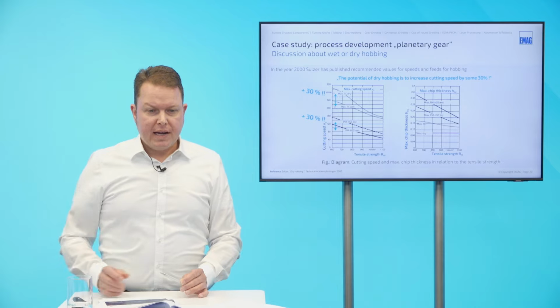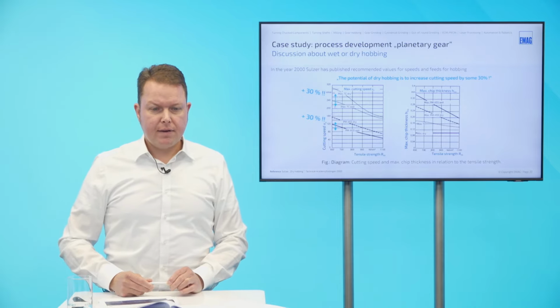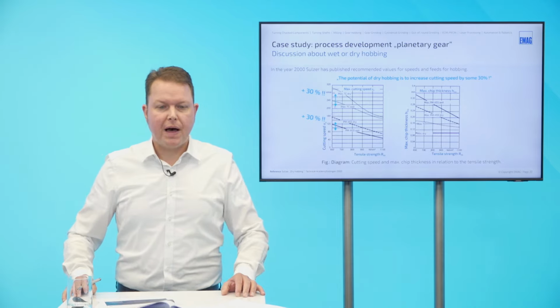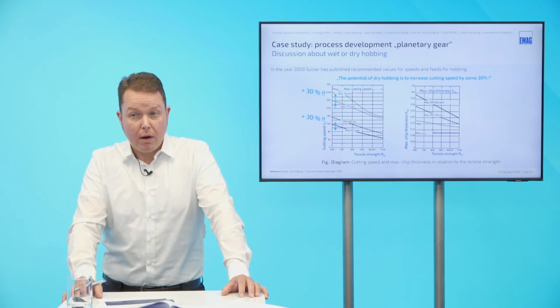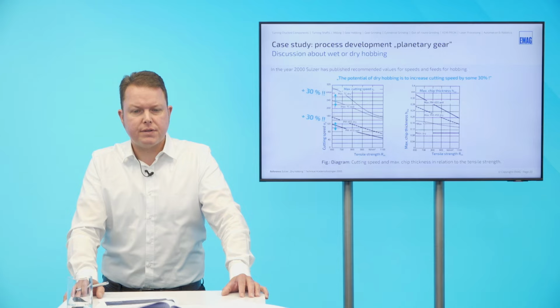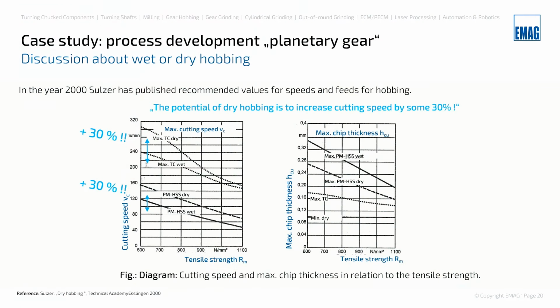So the potential of dry hobbing has also been shown in the year 2000 by a gentleman called Sulzer. He was, to the best of my knowledge, the first to publish the potential of dry hobbing by means of these charts. We can see two charts.